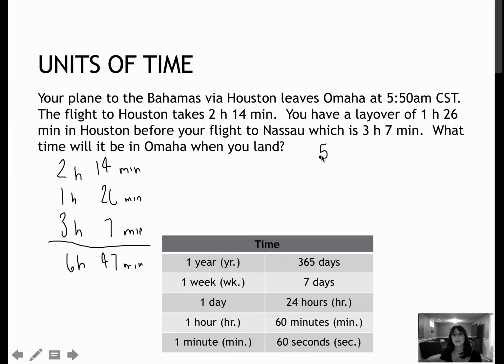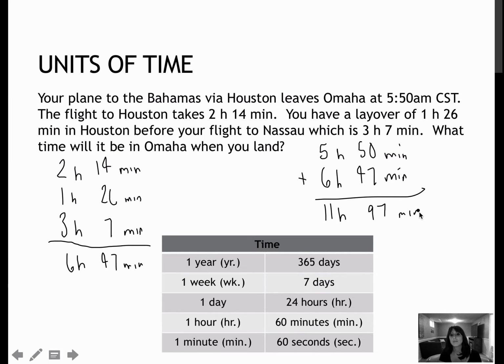So I'm going to take my 5 hours and 50 minutes, which is what time I left, and I'm going to add to that 6 hours and 47 minutes. If I add these two, I get 11 hours, which means 11 something. If I add these two, I end up with 97 minutes.